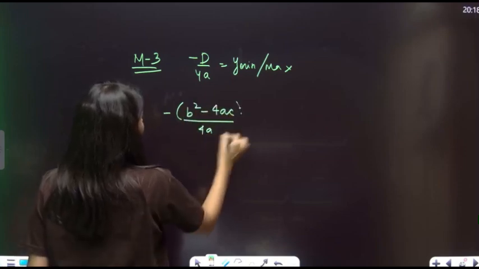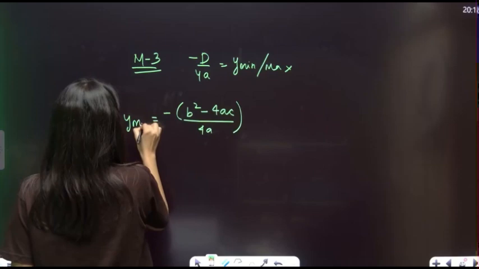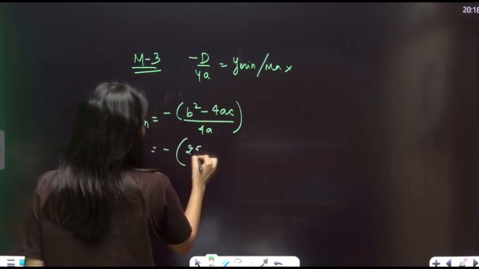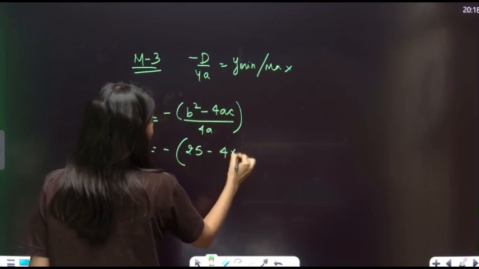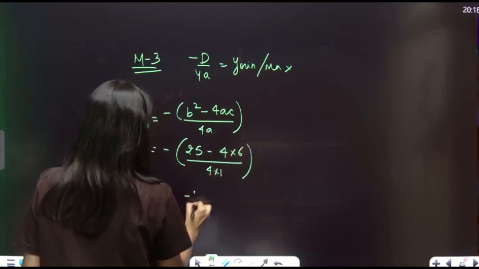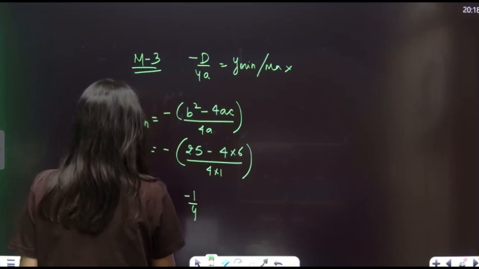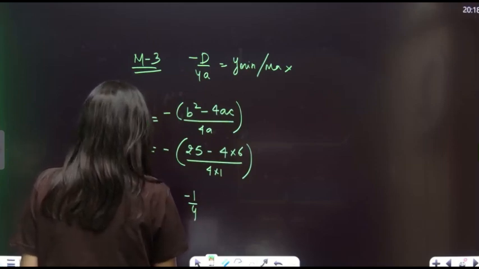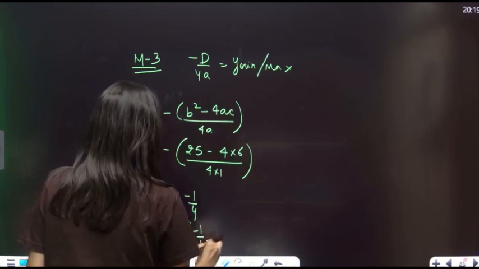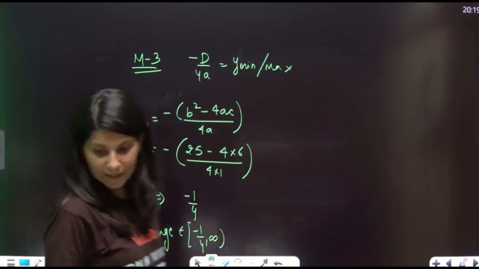Yes, this is your y minimum, everybody. So minus of b, b was 5, 5 fives are 25 minus 4 into 6 upon 4 into a. Put the values. So minus 1 by 4 is y minimum again. So range will be minus 1 by 4 to infinity.